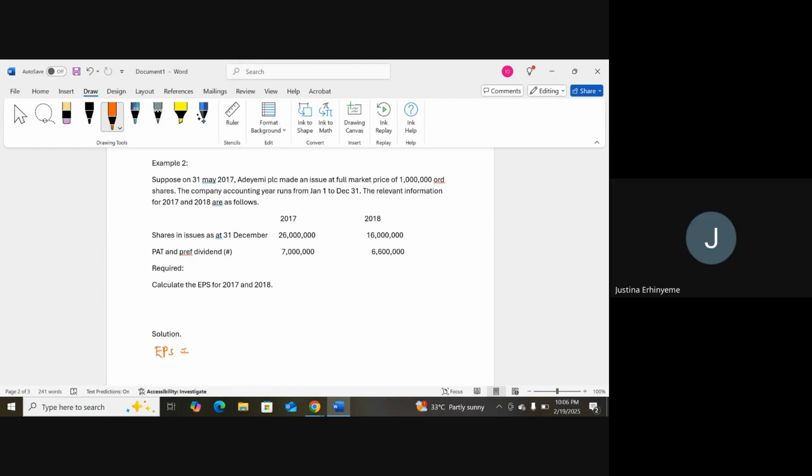Earnings, that is profit after tax less preference dividend, divided by the weighted average number of ordinary shares.